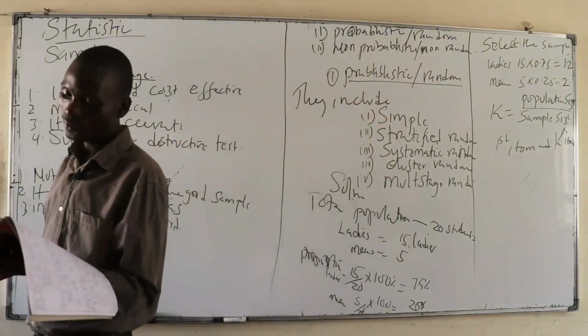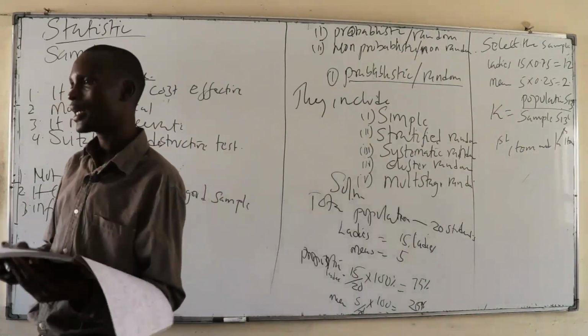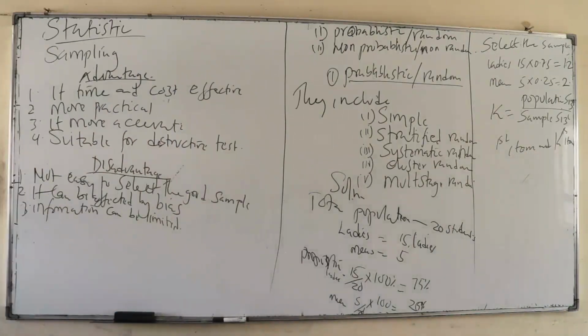Then at interval of K, select the other members. So that the systematic, they are all equal in size, they are all equal in arrangement as they go, okay?